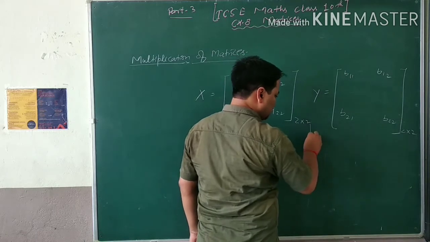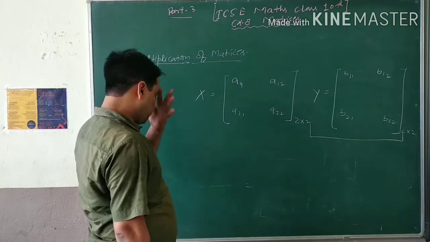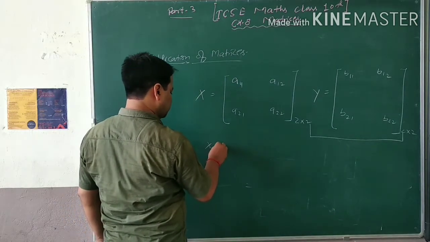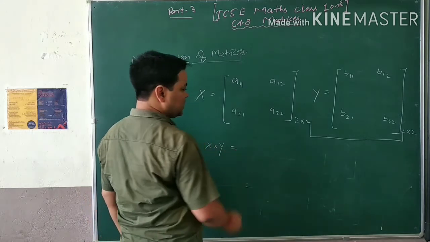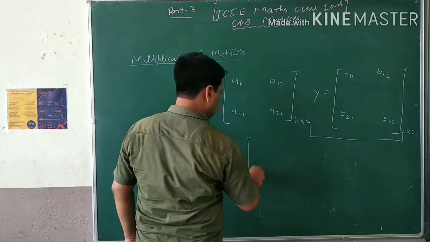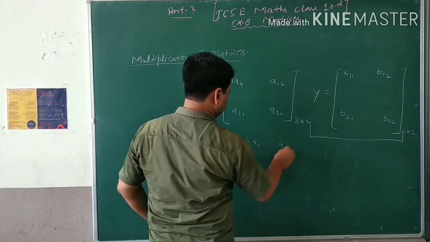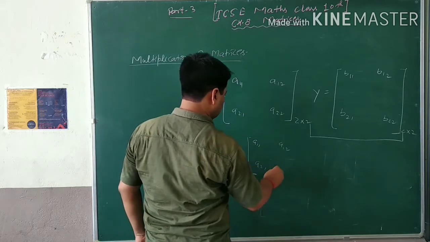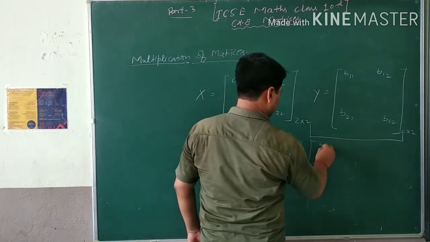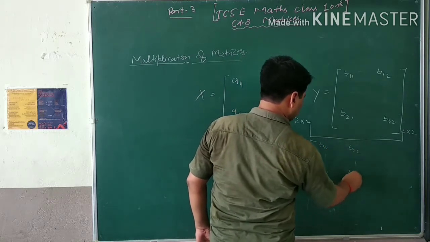Here the column of the first matrix is equal to the row of the second matrix. Therefore, the resultant matrix, X cross Y, means multiplication of the two matrices X and Y, is equal to, we will write like this: A11, A12, A21, A22, and B11, B12, B21 and B22.